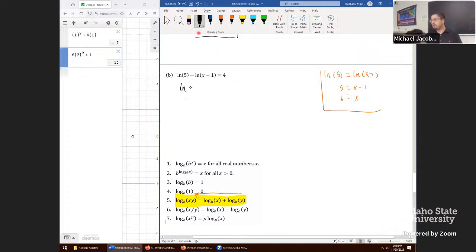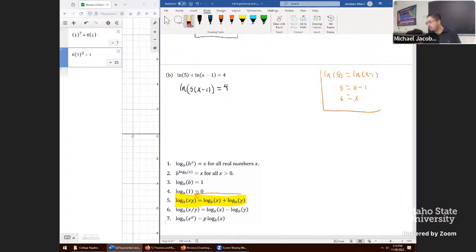Up here, this will turn into natural log of 5 times x minus 1 is 4. So with that one step, we're now home free. It's one logarithm. We can convert it into exponential form, maybe after simplifying, and this will be solved in pretty short order at this stage.